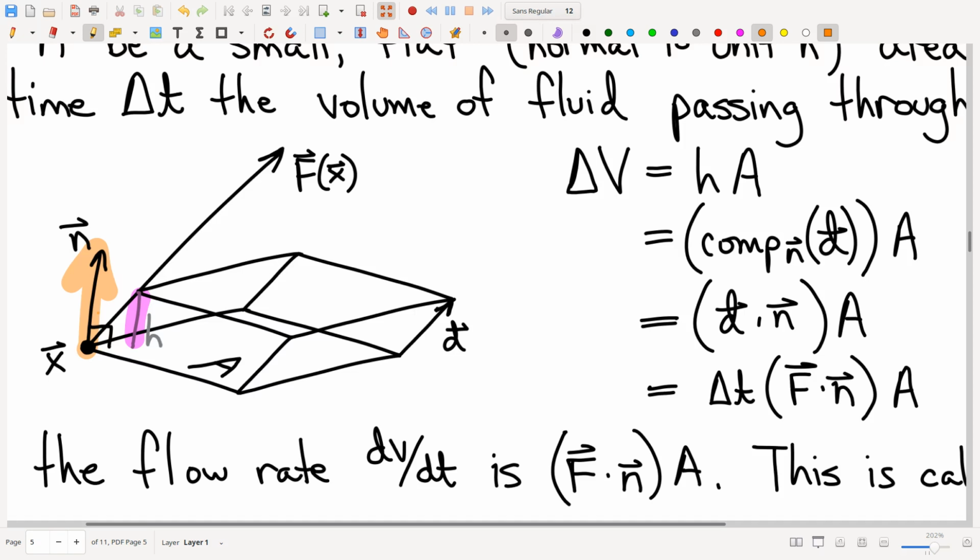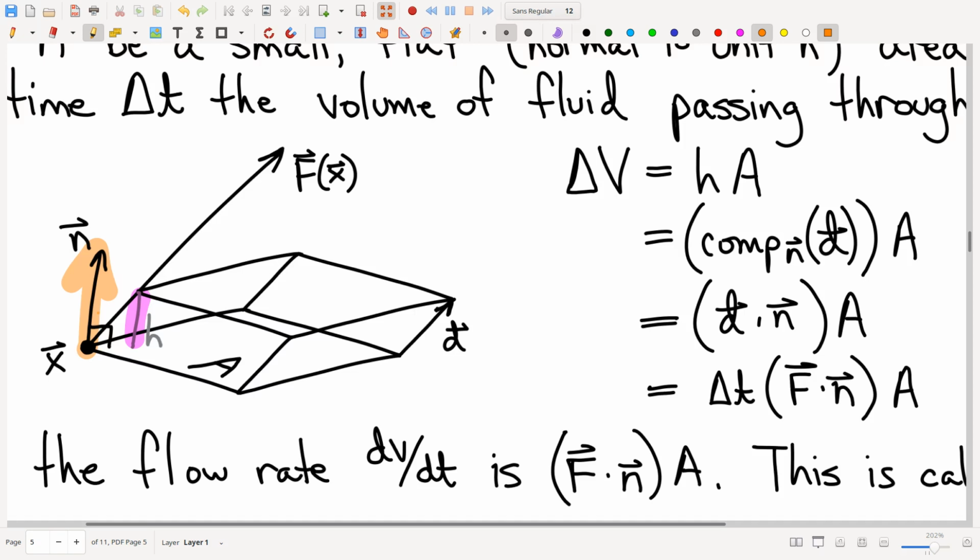So this vector that you use to represent the direction perpendicular to your surface is called an orientation, and typically we use a unit normal vector.